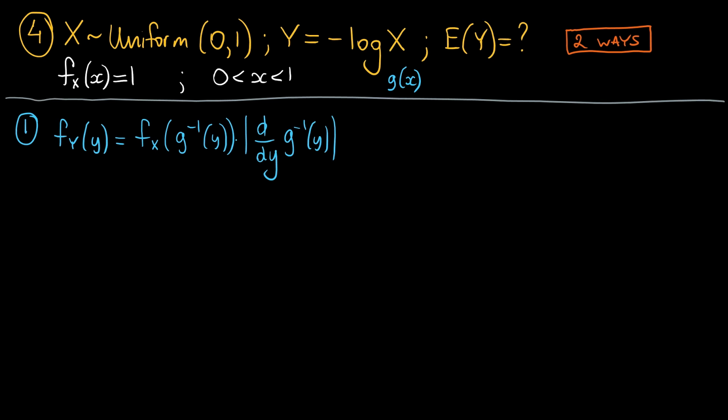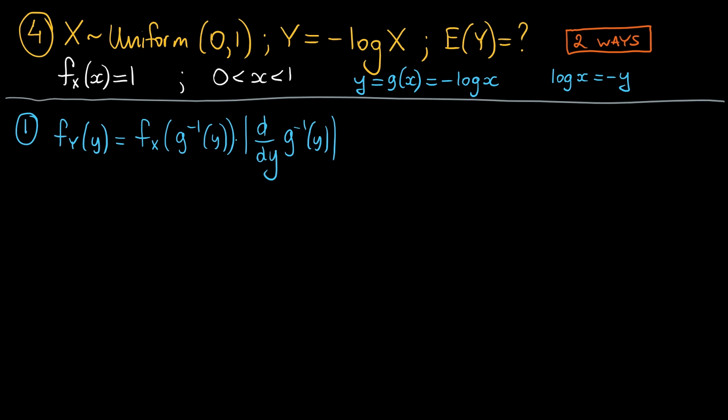G of x is minus log of x. So this is y. Y is equal to g of x is equal to minus log of x. And now we just want to solve it in terms of x. So let's multiply by minus 1 both sides. Get that log of x is equal to minus y.